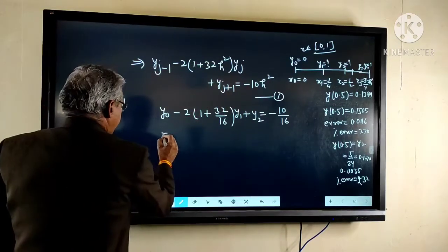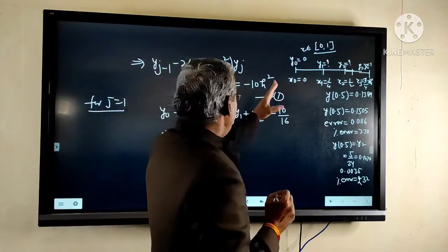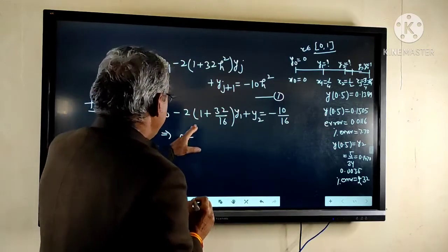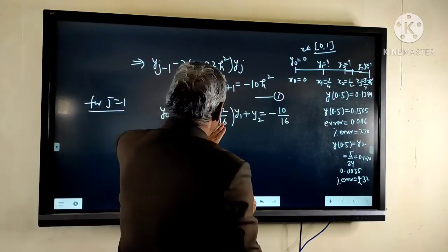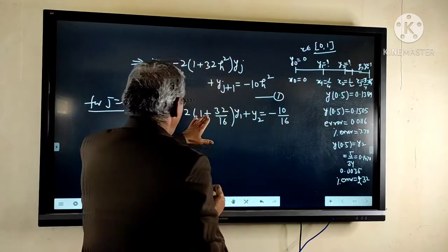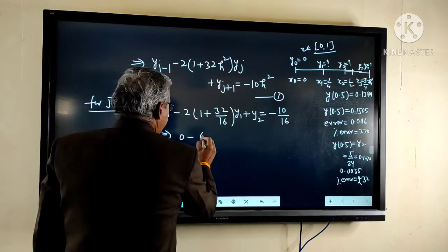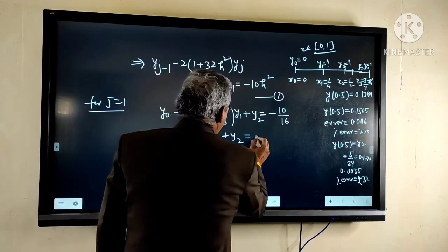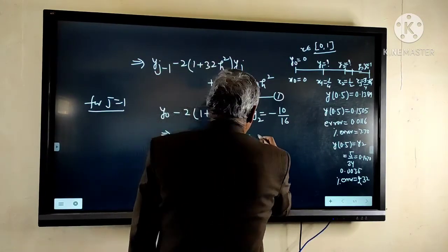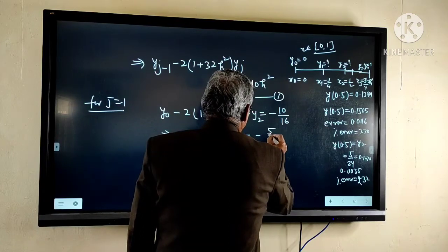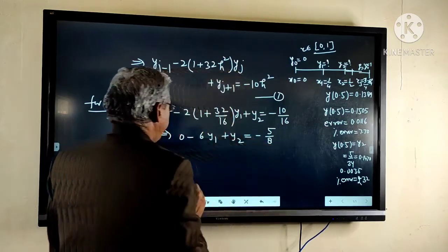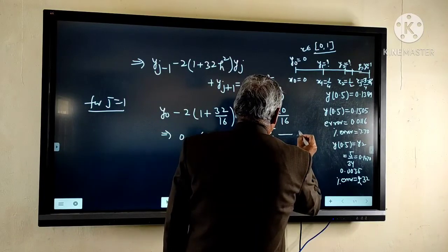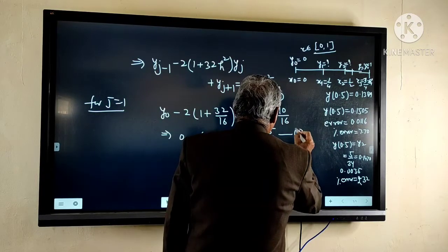This can be written as, with y0 equal to 0, 32 upon 16 is 2, 2 plus 1 is 3, so minus 6 y1 plus y2 equals to minus 5 upon 8. Suppose this is equation number 2.